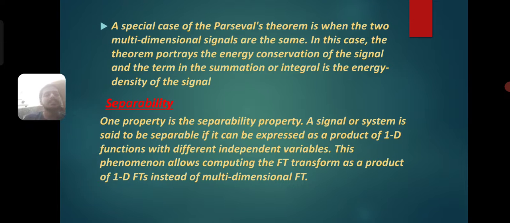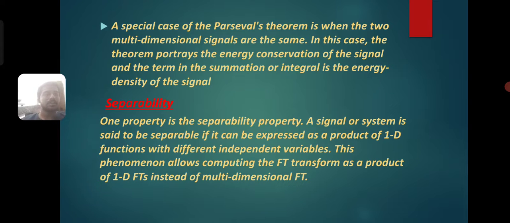This is a special case of Parseval's theorem when the two multidimensional signals are the same. In this case the theorem portrays the energy conservation of a single signal in the time and frequency domains. Next property is the separability property.